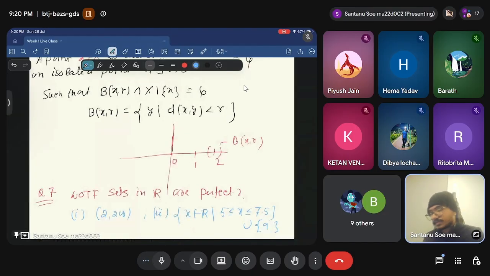So the question is given like this, that you have to tell me which of the following sets are perfect. So a perfect set means a set which is closed and every point is a limit point of the set. I mean, if you take any point from the set, it has to be a limit point. So that means it does not contain any isolated point. A perfect set has to be closed and should not contain any isolated point.